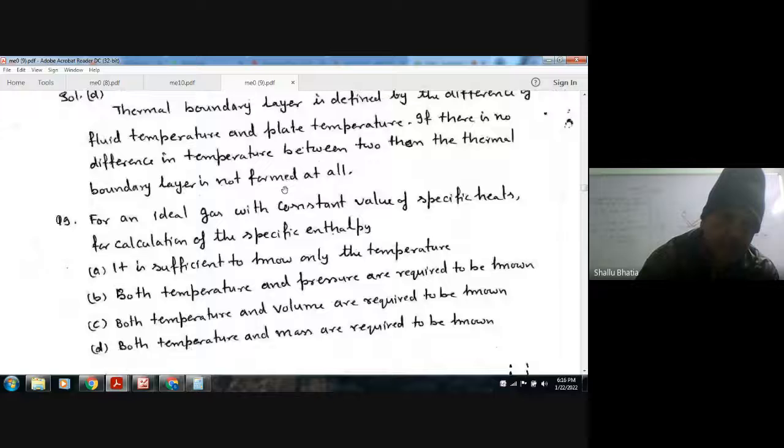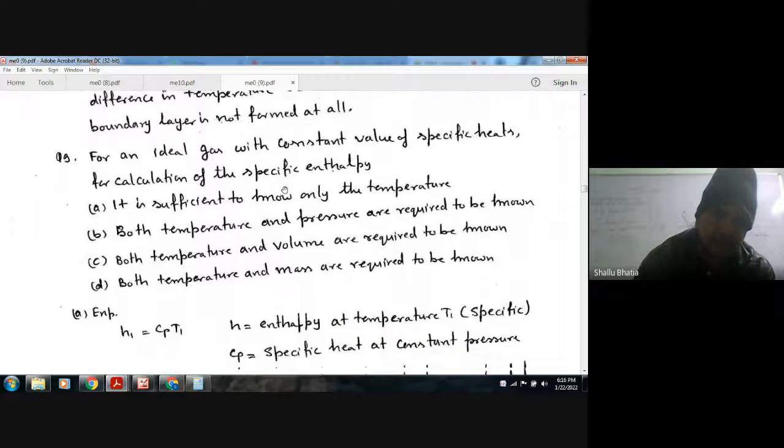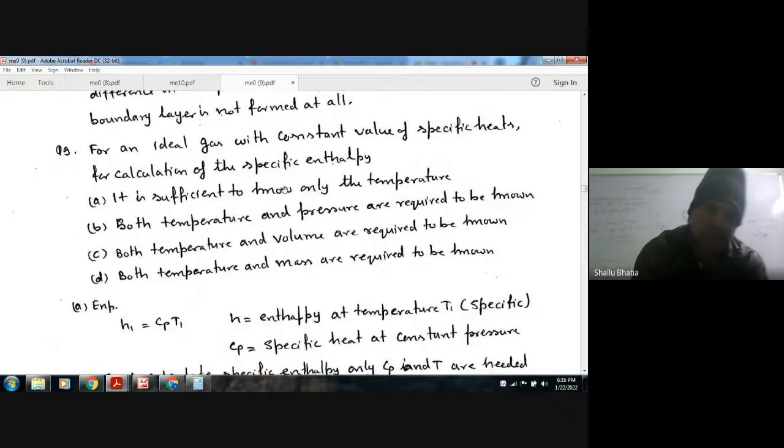Next, for an ideal gas with constant specific heat, for calculation of specific enthalpy it is necessary to know: A, only the temperature; B, both temperature and pressure; C, both temperature and volume; D, both temperature and mass.